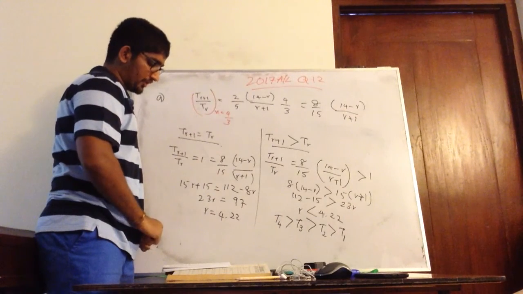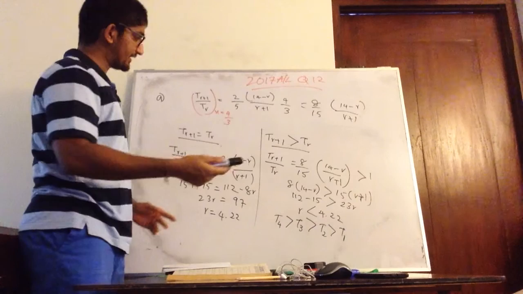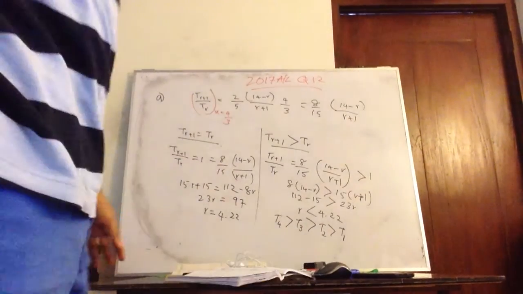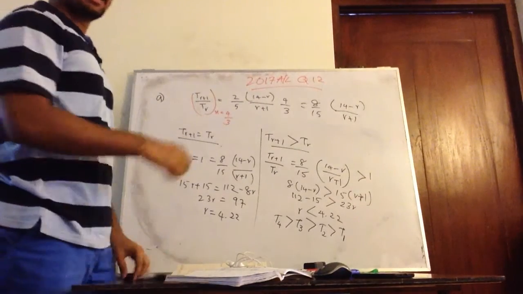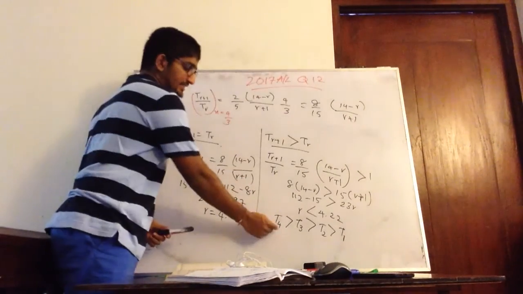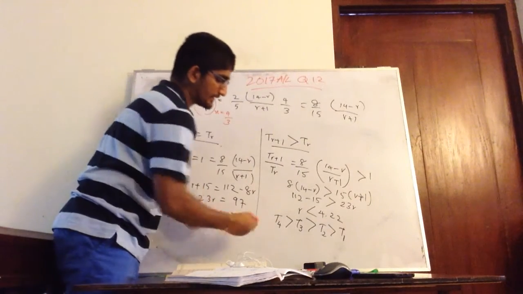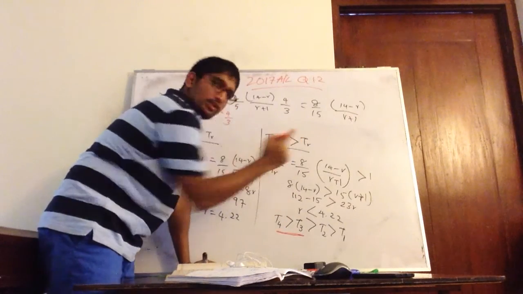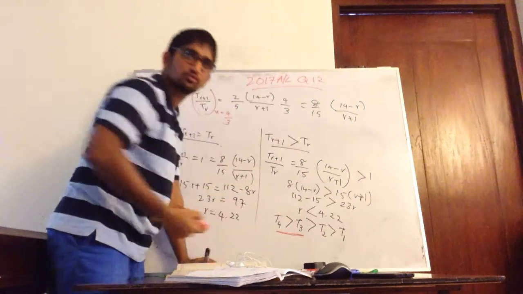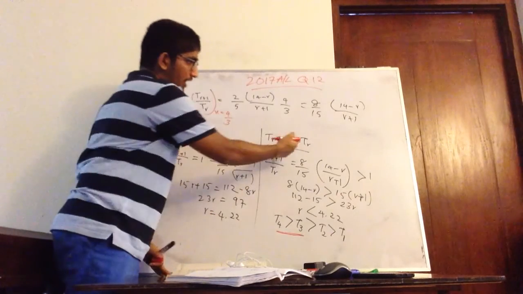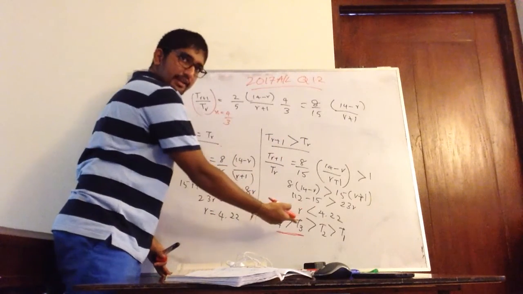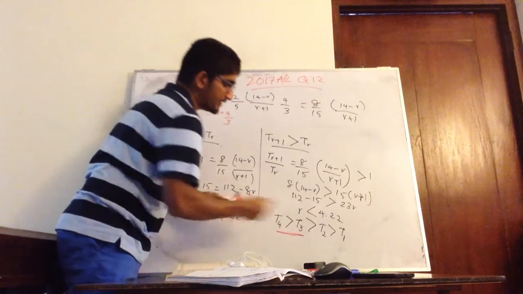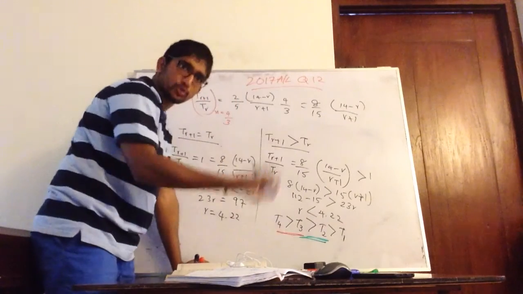So now what's the next one? So write this down. Now if you closely see this, this combination is when R equals 3, no? When R equals 3, T4 is greater than T3. Then this is when R equals 2.